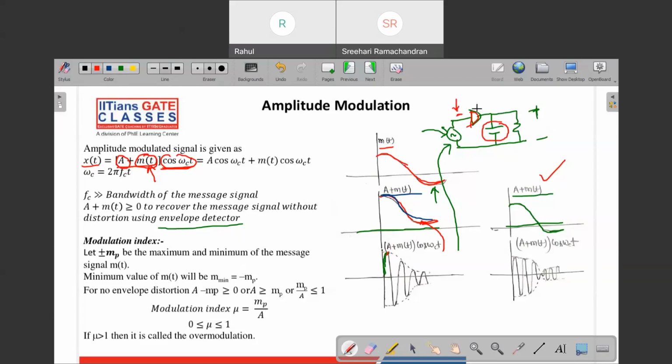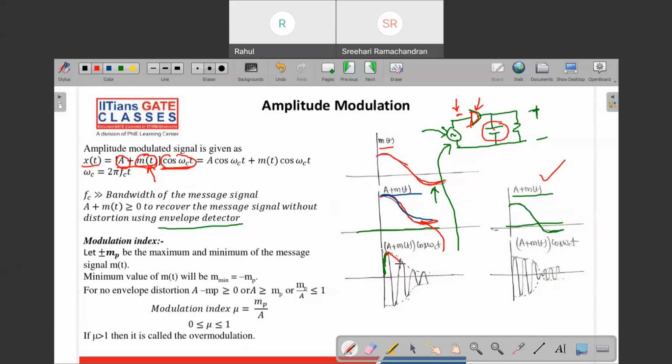Because of that, this diode will become reverse biased. Since the diode is now off, the capacitor will slowly discharge through this resistor. You have just this capacitor and this resistor, so it is slowly discharging like this.